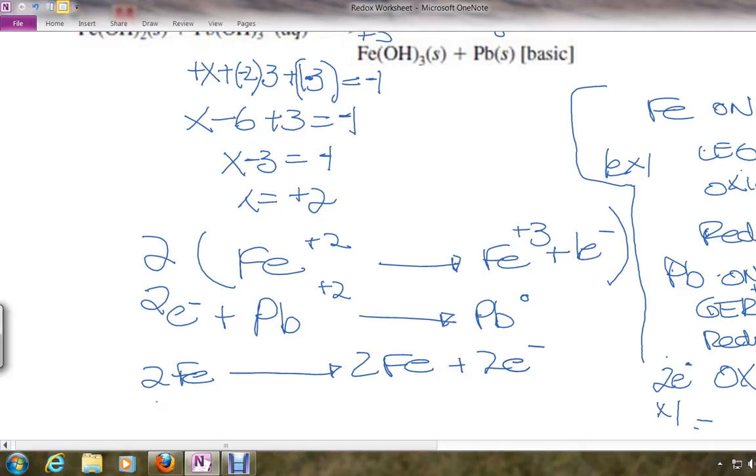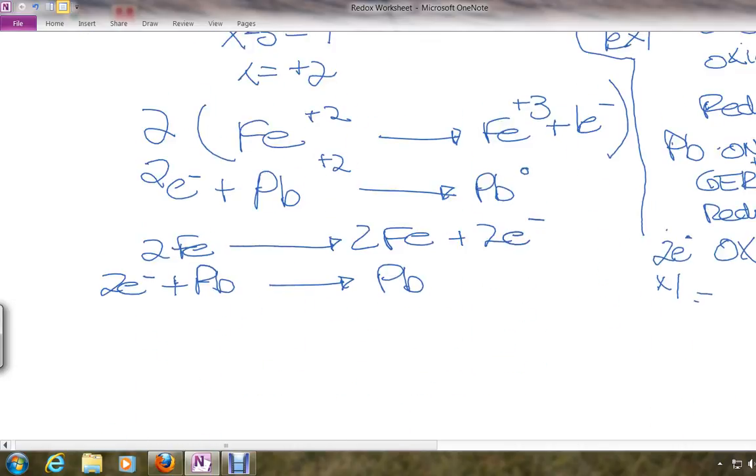It's a charge, but it doesn't matter because it's not by itself. So 2 electrons, the Pb stays the same, right? You don't put a coefficient, you don't need to multiply the reduction of Pb.